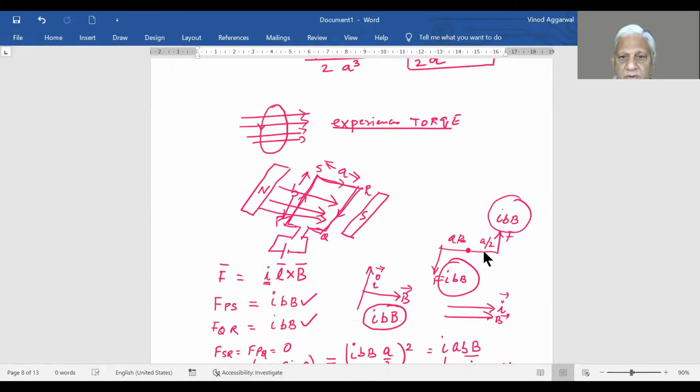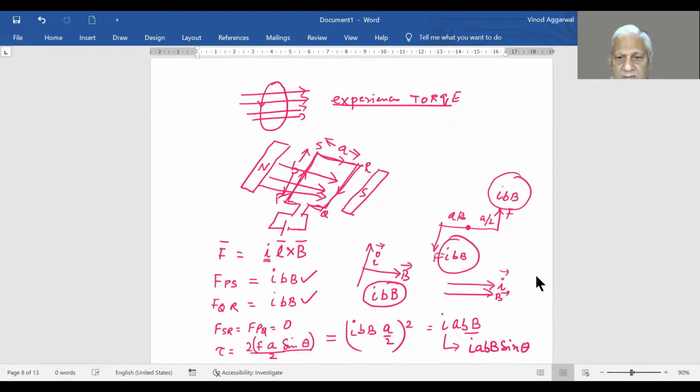And if we add both the couples, then what we get is our torque because of both the sides. Now this was the case when these forces were perpendicular to the arm, but if it is not so, then we will get a sine theta in between as well, which is the angle between this arm and the magnetic field.